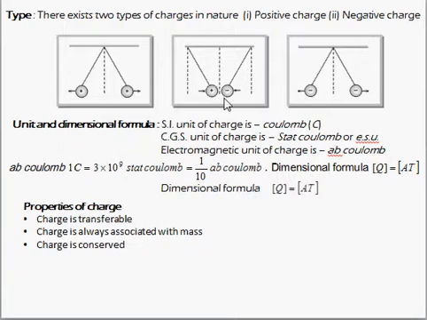And like charges repel each other. For example, here the positive charge is repelled by the positive charge, whereas unlike charges attract each other. For example, here the negative charge is attracted by the positive charge. Again here the two negative charges are repelling each other.